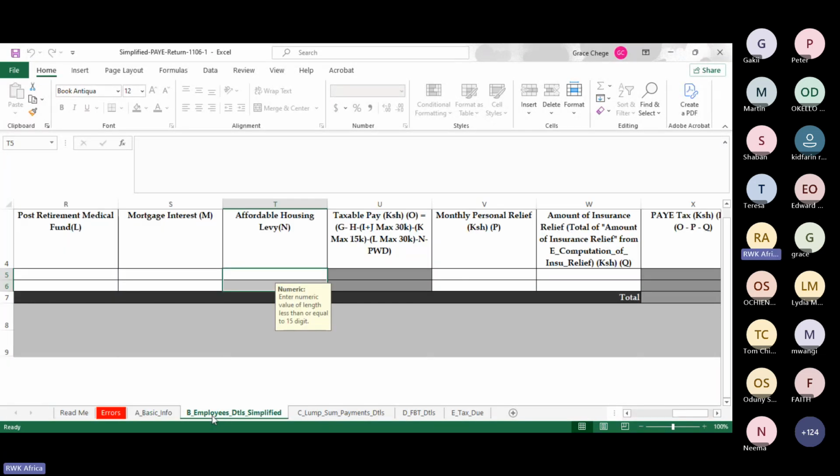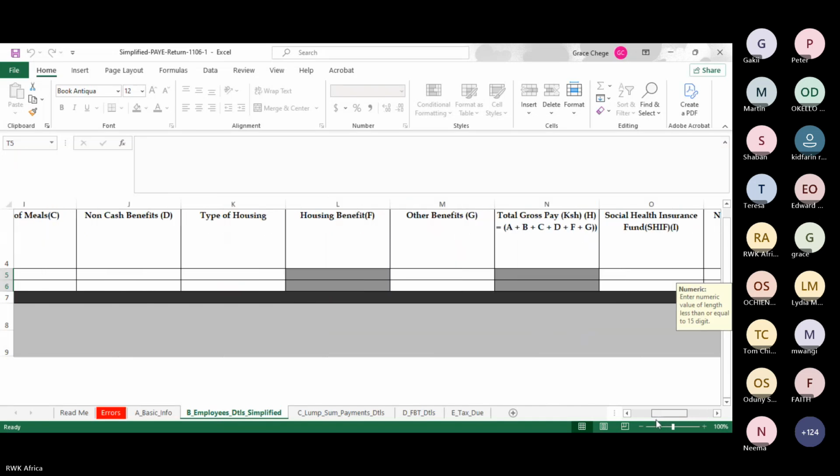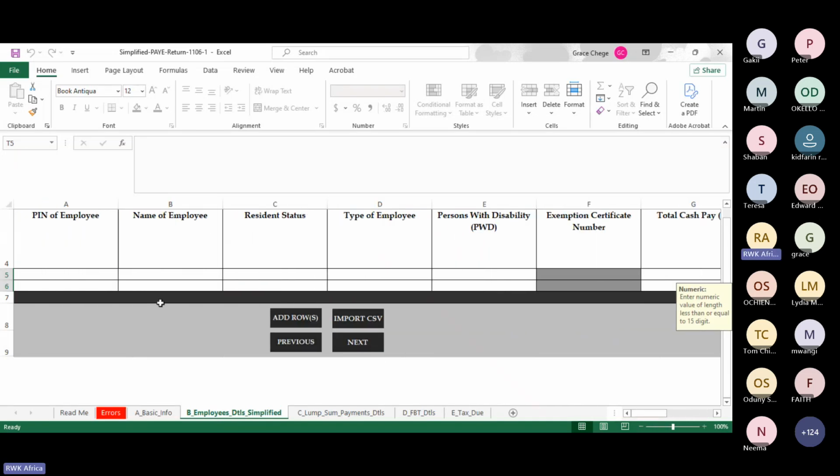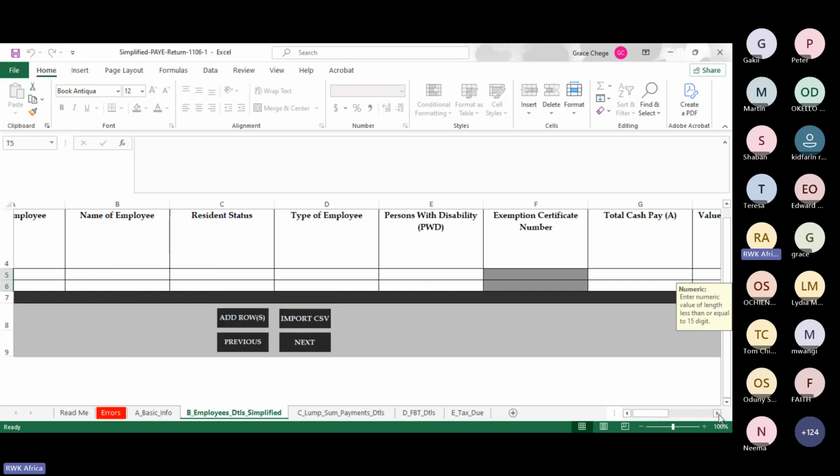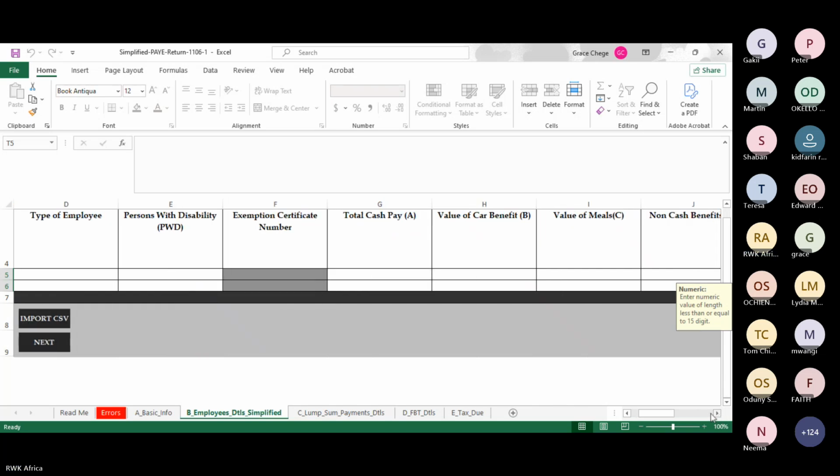So the bit of employees' details, PIN of employee, name of employee, the resident status, type of employee, those details have been maintained. And then now you see the bit of persons with disability has been included. We no longer have the columns with the breakdown of the cash pay. We only have the total cash pay as one column, and then the value of car benefit.